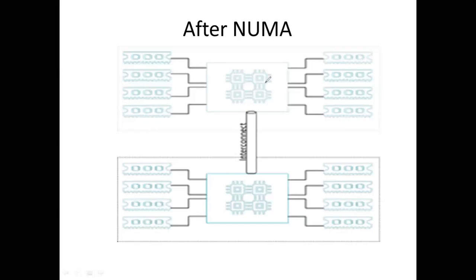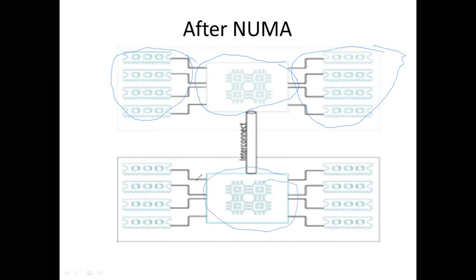What is now happening is that each CPU has its associated memory, which it can access directly, instead of having to access the memory which was just here. So here we see again this CPU core, it has its own memory that is associated with it.